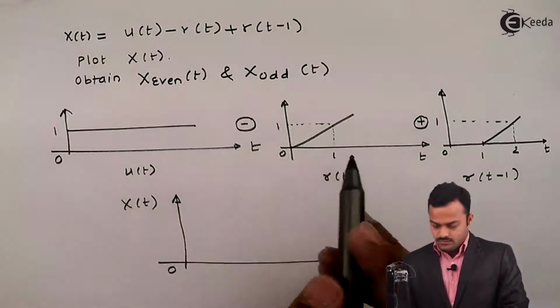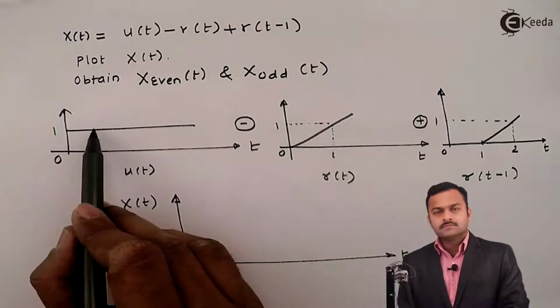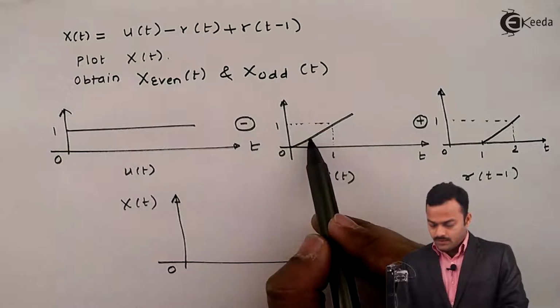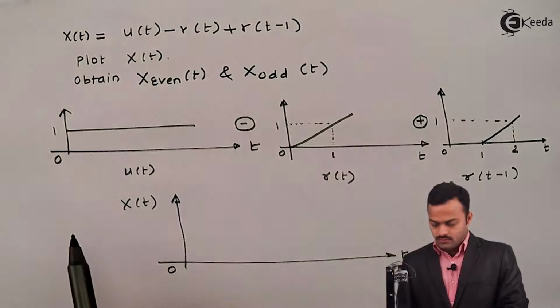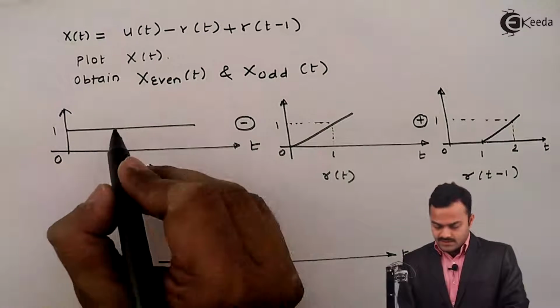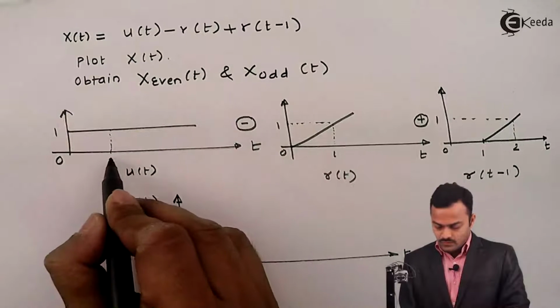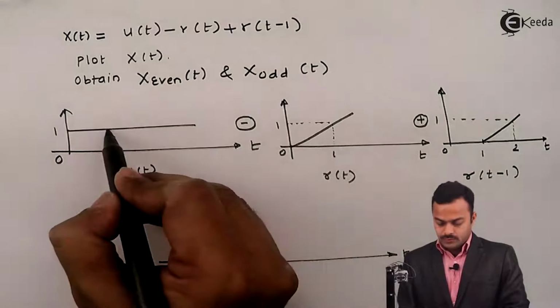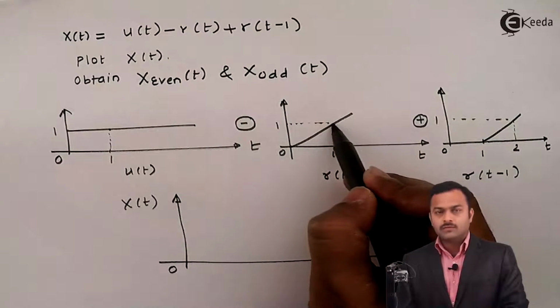From 0 to 1, the magnitude is 1 and the slope is 1. So what we can see over here is that at the instant when the signal reaches t equal to 1, the unit step will have the value 1, and the ramp will also have the value 1.